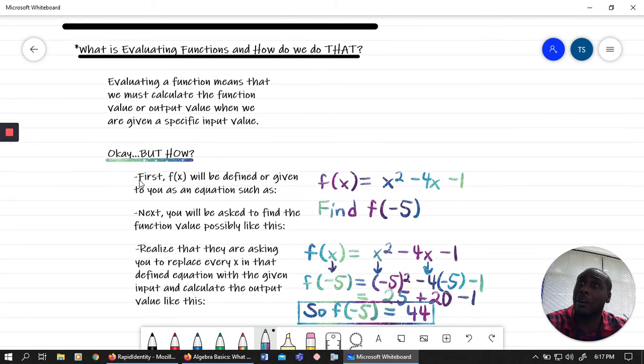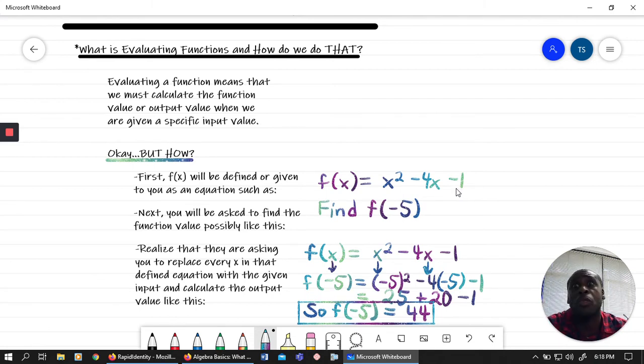So first off, f of x will be defined, and they're going to give that f of x to you as an equation, such as f of x equals x squared minus 4x minus 1. So again, they'll define that equation for you. They'll define what the function f of x is.